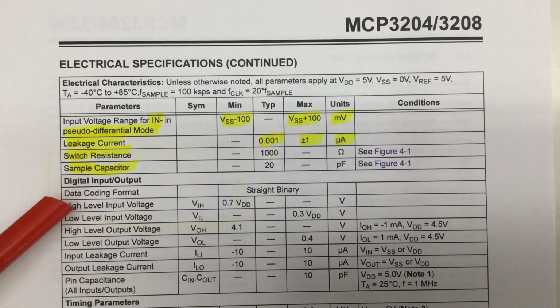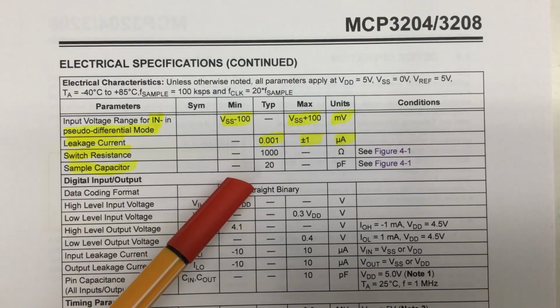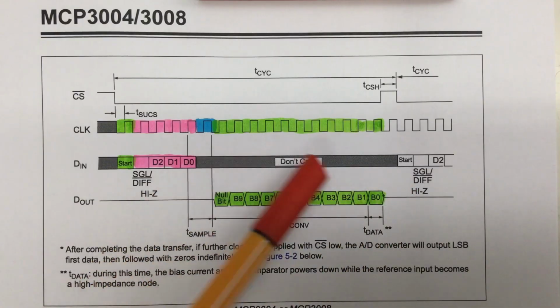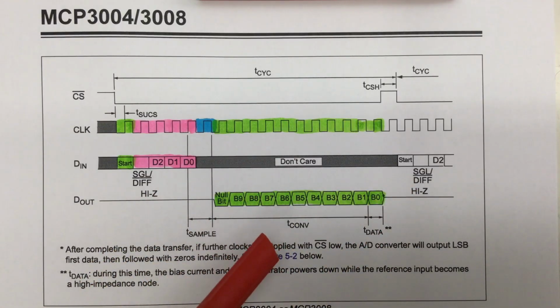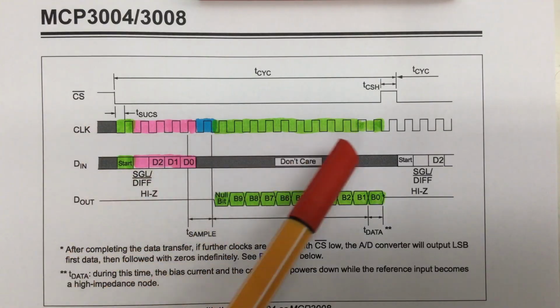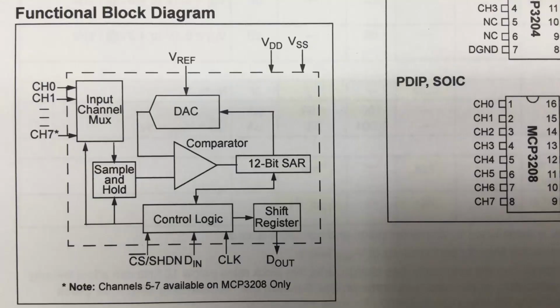We know a capacitor is used because it says so here in the datasheet, a sample capacitor, 20 picofarads. We can also be pretty sure that the conversion is happening here, I mean it's called T conversion, and is controlled by the SPI clock.